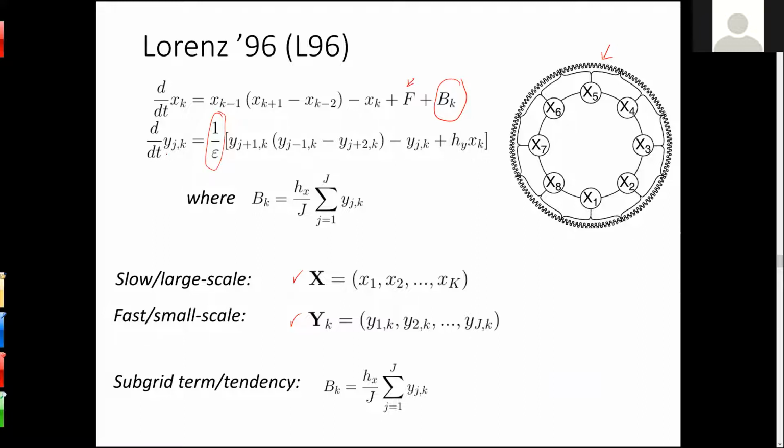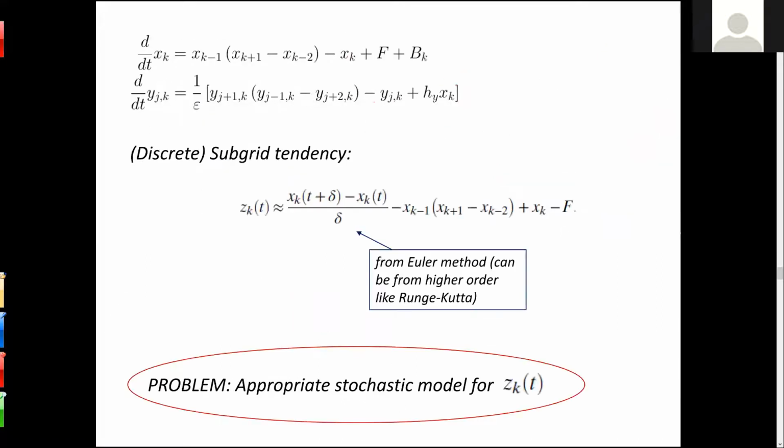So we make Y fast variables. For every X, there are associated J Ys, and the values of the Ys, their averages, affect the evolution through BK. Y are defined on a smaller spatial scale, and Y are made to be fast because of the introduction of 1 over epsilon. The subgrid term is BK.